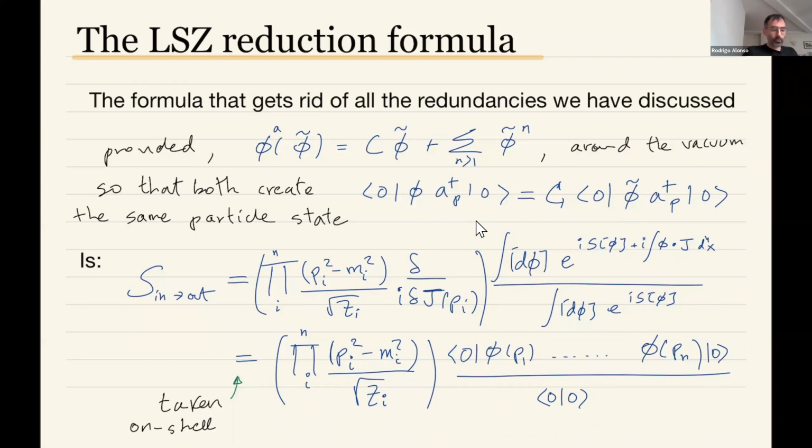What the LSZ reduction formula is doing is getting rid of all of those redundancies, because we're multiplying by all of these inverse propagators in some sense, to take the residue of our correlation functions on shell, and only those residues on shell survive to give us the S matrix element.